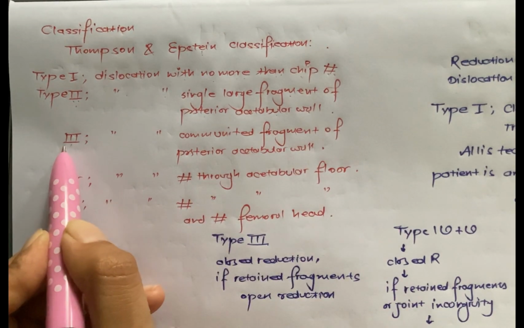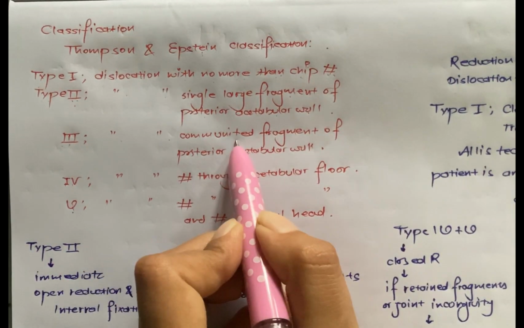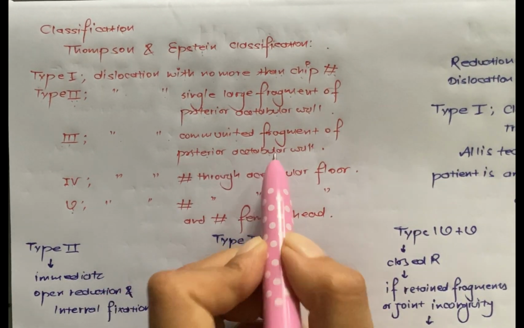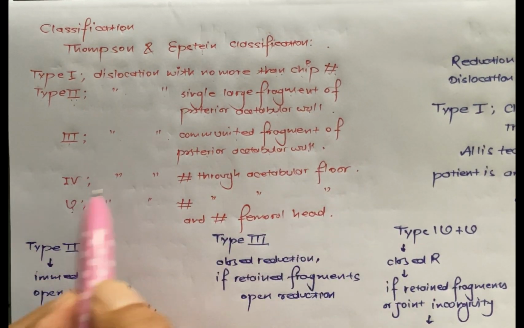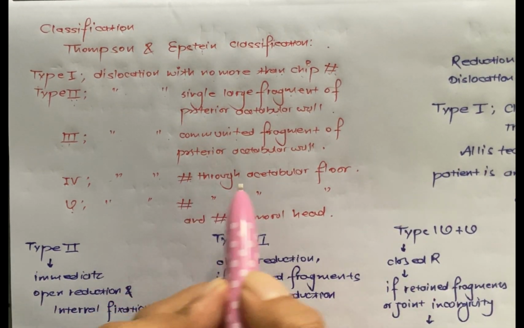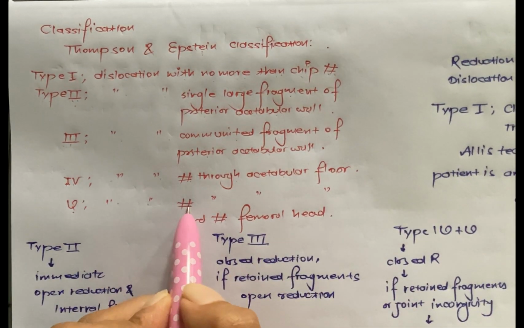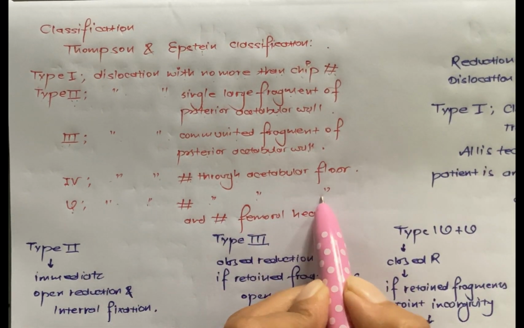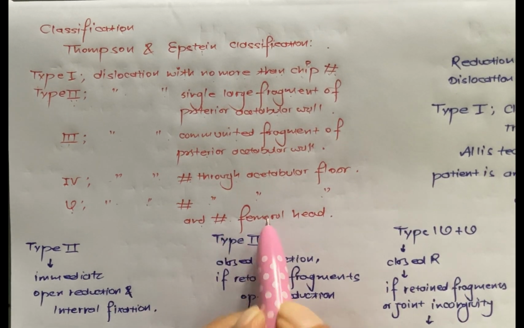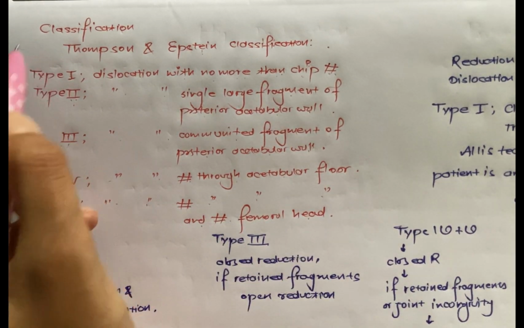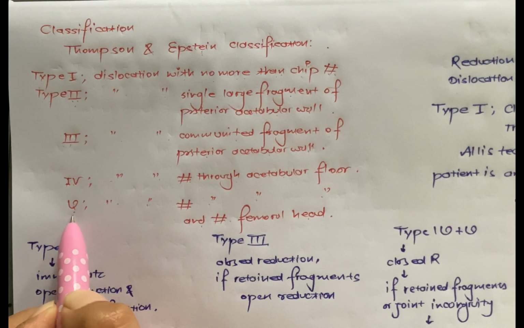In type 3, there is dislocation with a comminuted fragment of the posterior acetabular wall. In type 4, there is dislocation with fracture through the acetabular floor. And in type 5, there is dislocation with fracture of the femoral head as well. So these are the 5 types of classification.